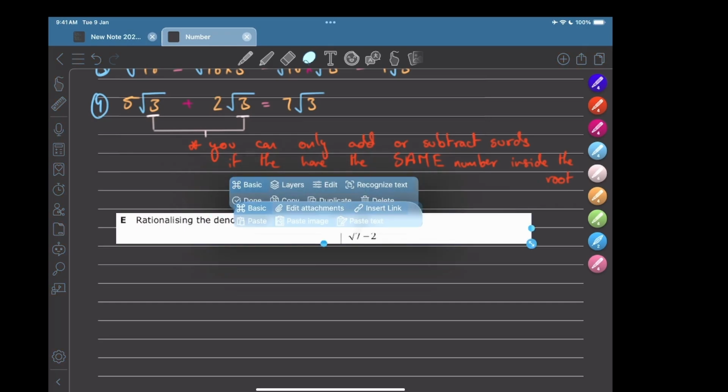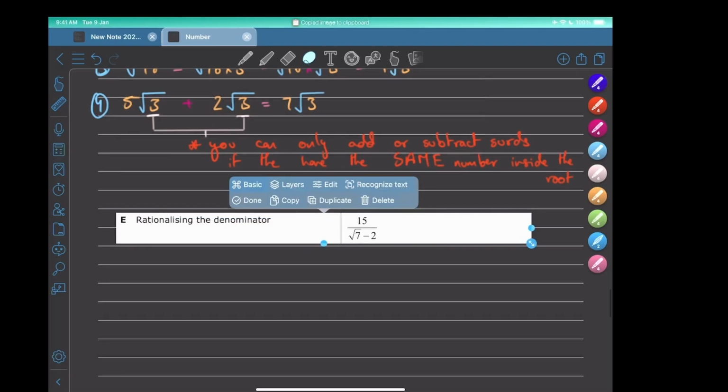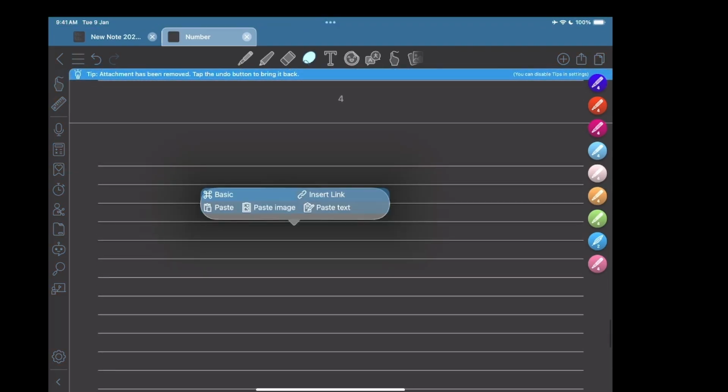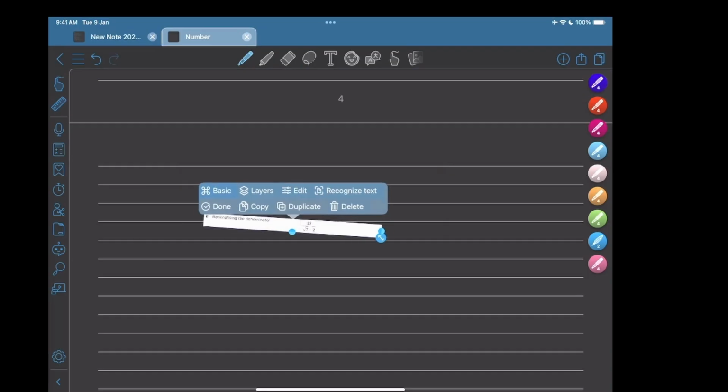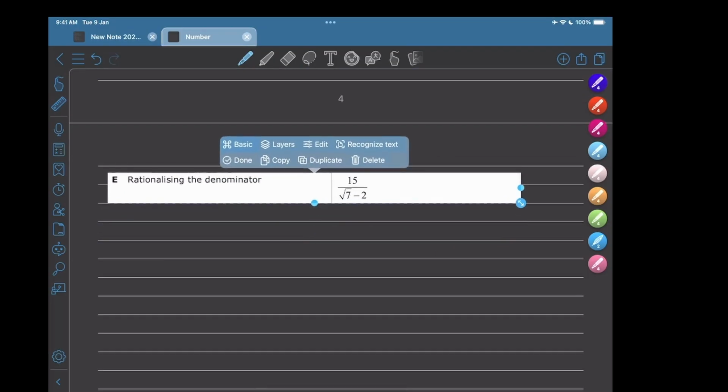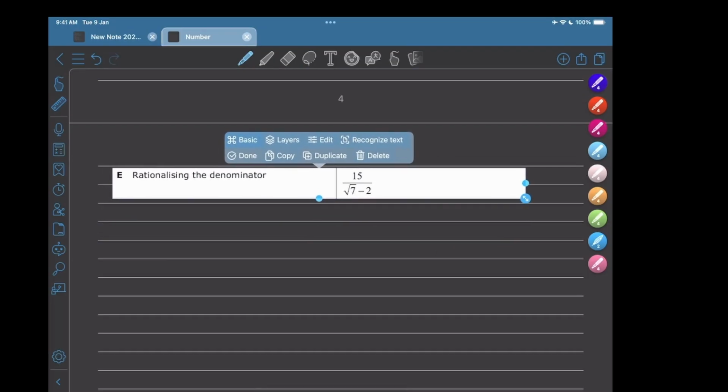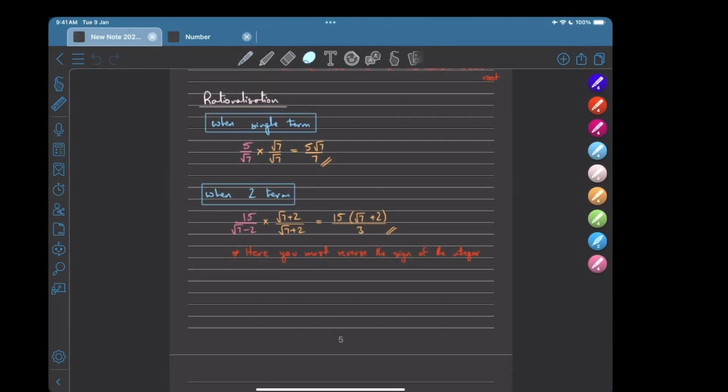Trust me. Copy, delete, paste. All right, we got it over here. Now we need to paste our notes again. Just a second, there was less space, so that's why.